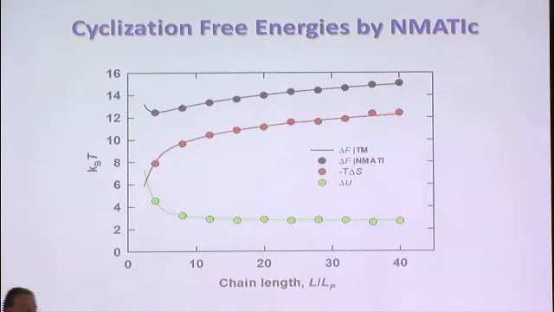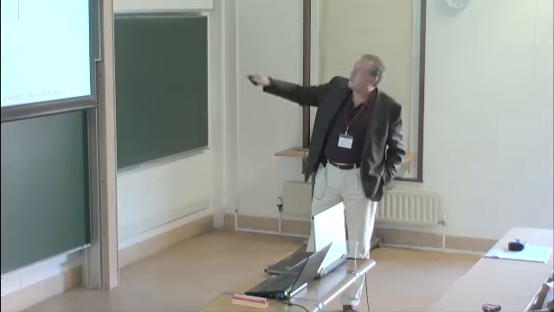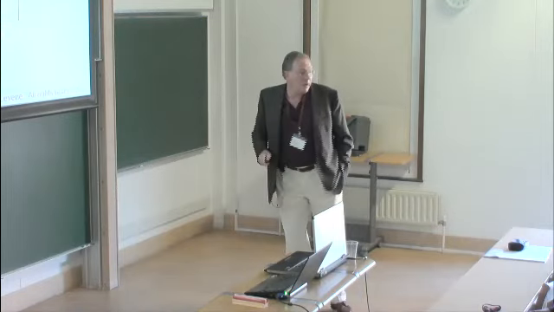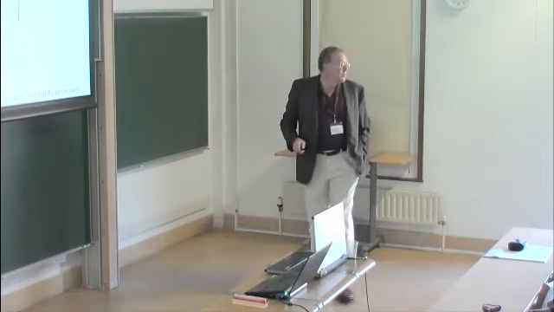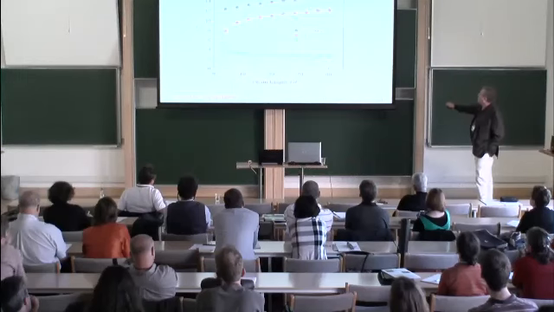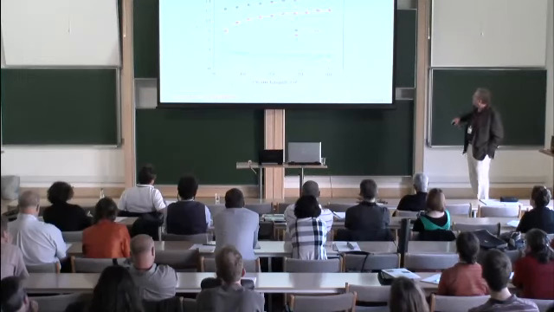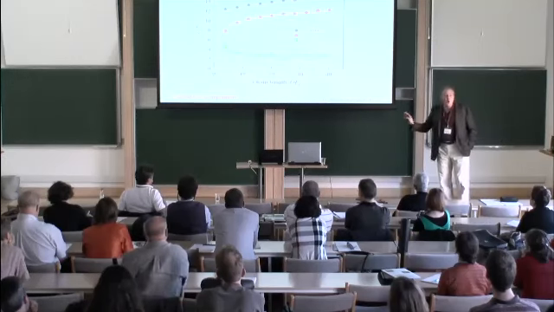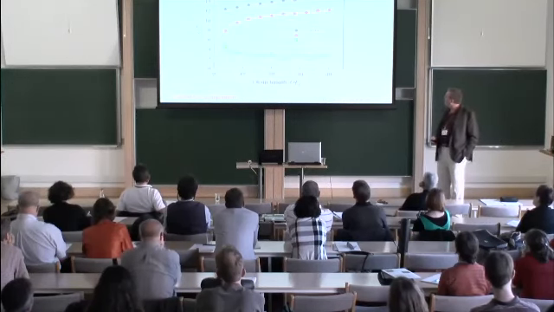With a sufficiently large number of turns, you can make the transfer matrix essentially exact. And the data points are the values that come from the normal mode thermodynamic integration method. So they're essentially indistinguishable. There's a little bit of noise, but it's on the order of something like 0.01 kT.